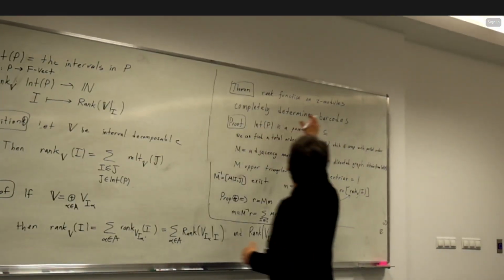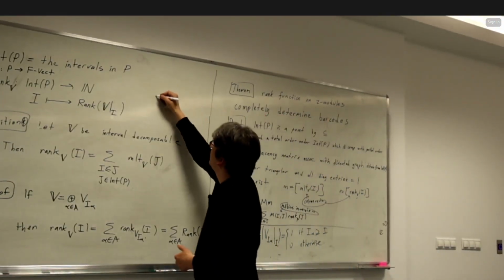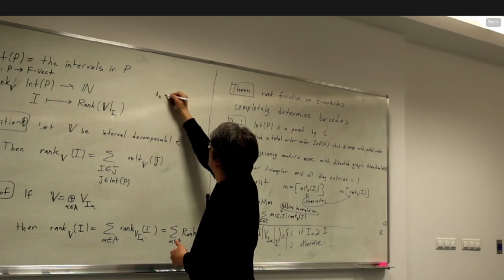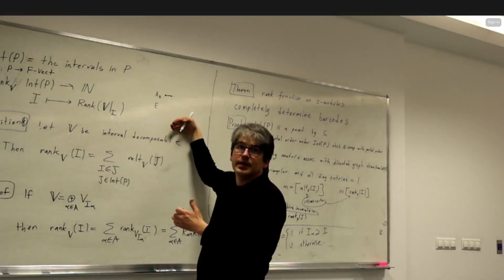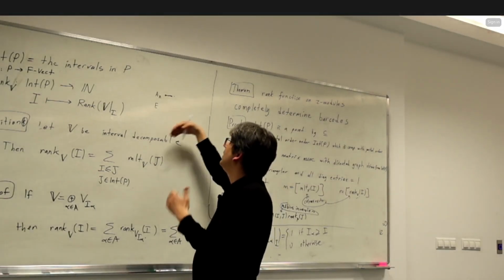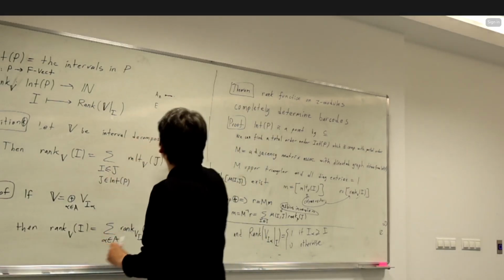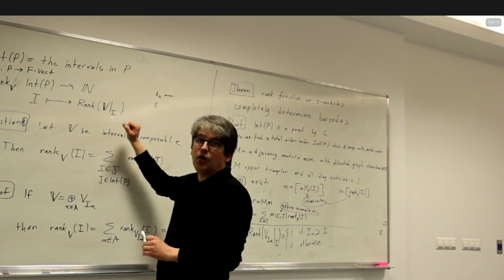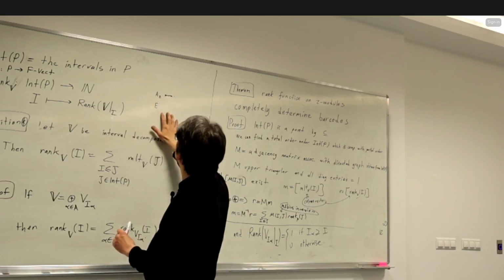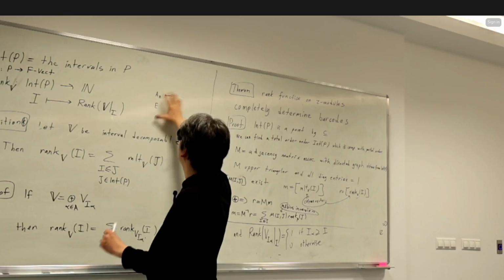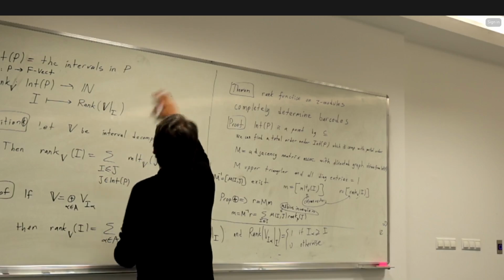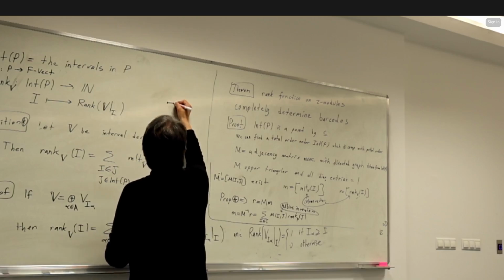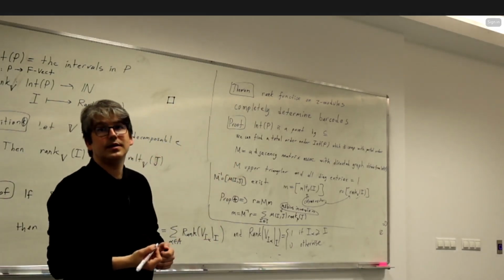The shape of the poset should be either this A_n or E something, you know, these Dynkin diagrams. And otherwise, rank invariant is not complete. Only when you have the underlying undirected graph in a certain form, you have rank invariant complete. But even for something as simple as this, it's not going to be complete.